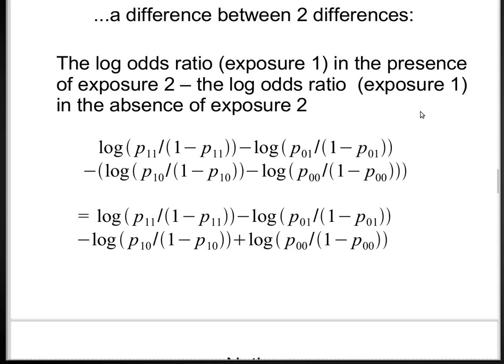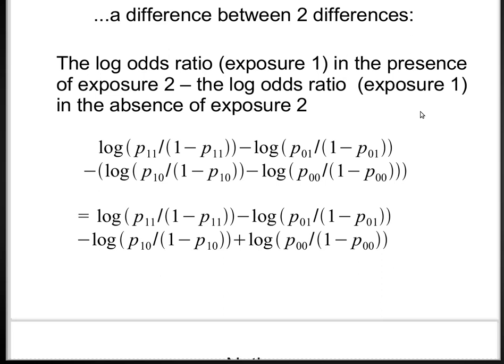So inevitably then, and this goes back to something we touched on much earlier, we are interested in the study of this complicated expression, which is now a difference between 2 differences. We have the log odds ratio, exposure 1, in the presence of exposure 2, and the log odds ratio, exposure 1, in the absence of exposure 2.